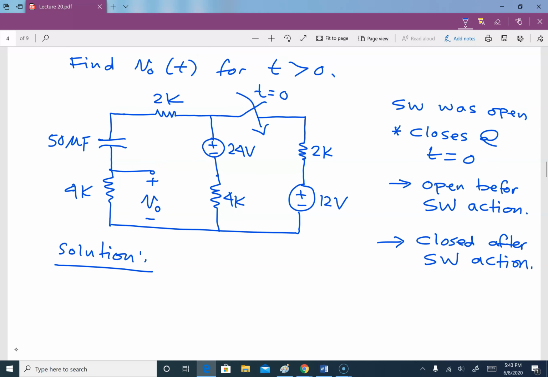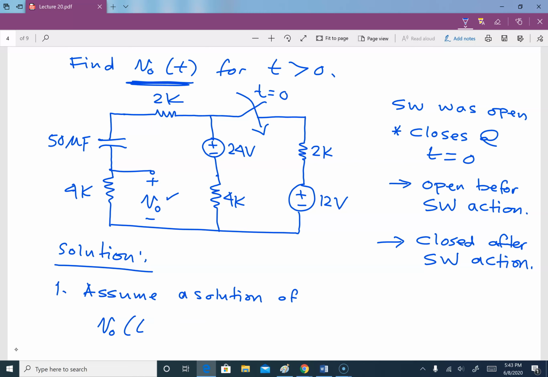So if you look at the question here, V naught of t is what we need to find, which is this voltage over here. So the first step, we need to assume a solution of this form.